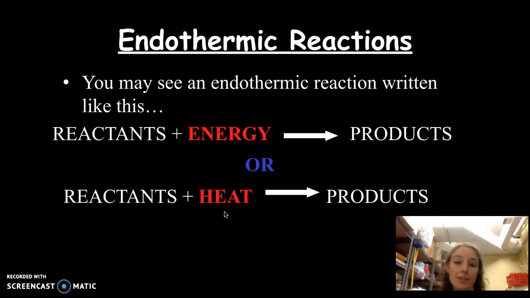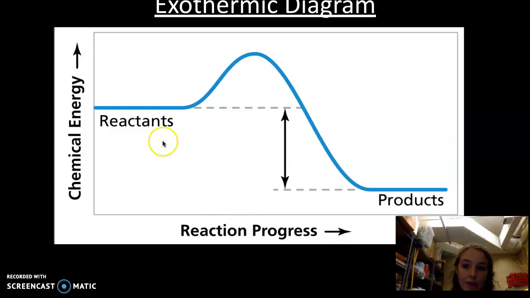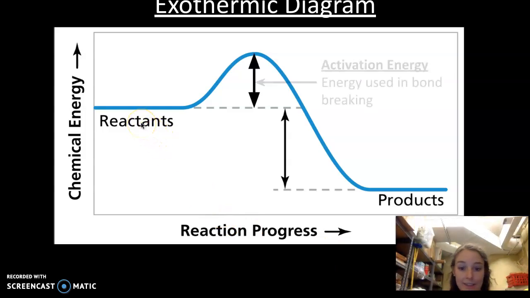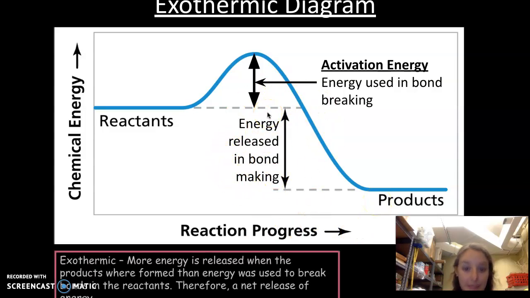We're going to switch gears and talk about exothermic reactions now. So again, we have chemical energy increasing this way, the reaction progress increasing to the right. If we put in a lot of reactants, we see this right here is the activation energy. This is the energy released in the bond making.